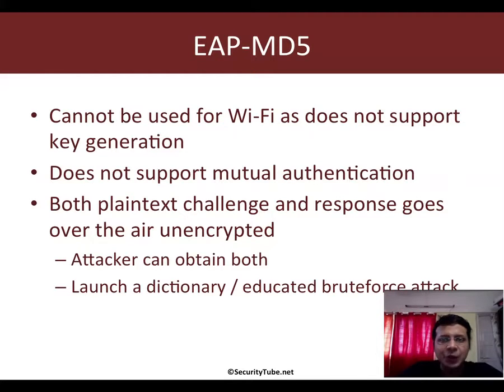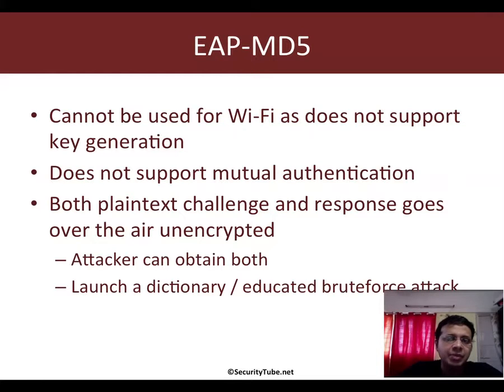The onus is on the client to go ahead and prove its identity to the Radius server and not vice versa. Now, as you can imagine, this is basically an open playground for man-in-the-middle attacks and any other impersonation attacks where an attacker can impersonate the Radius server.